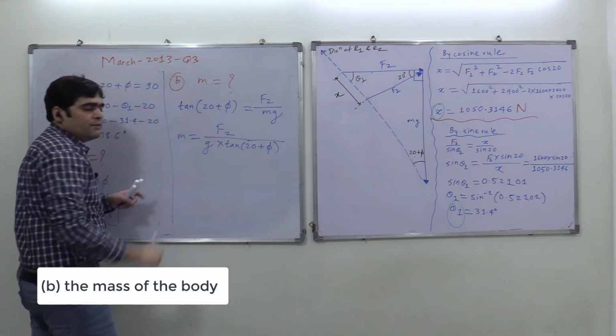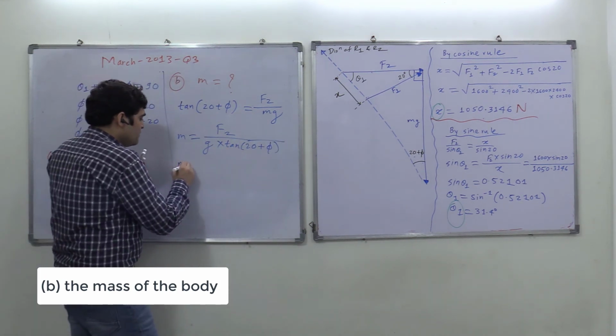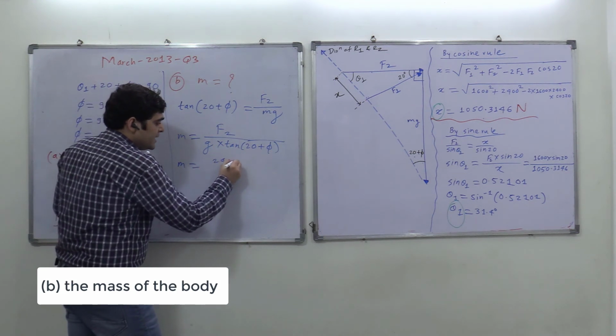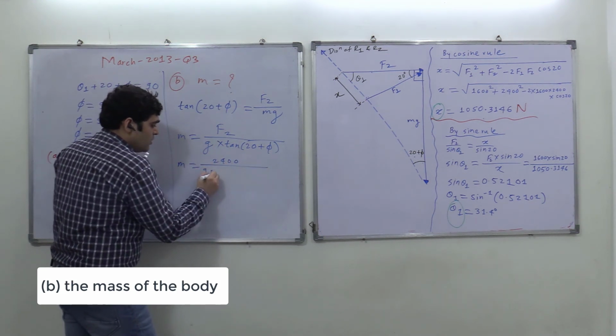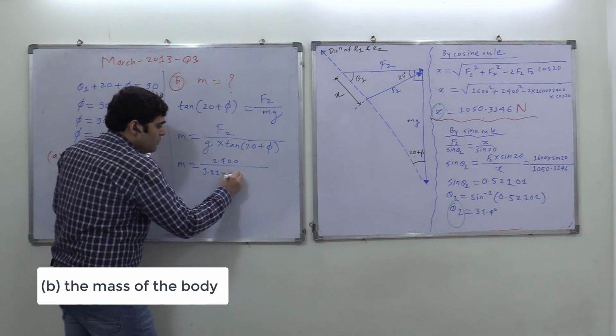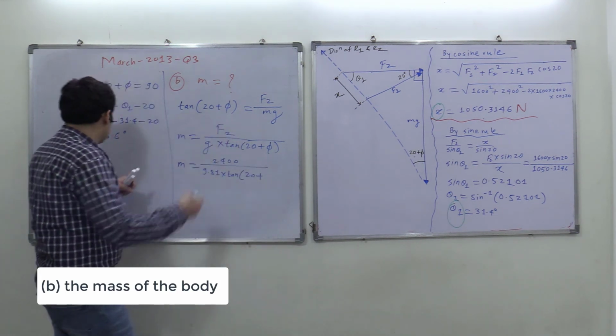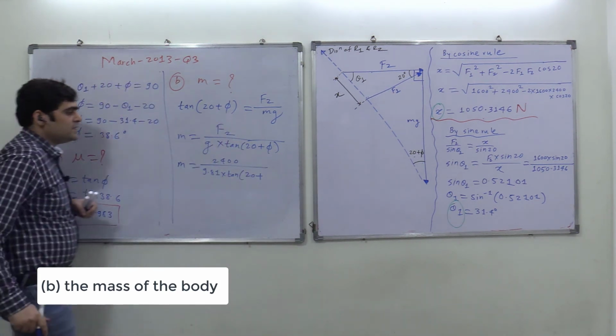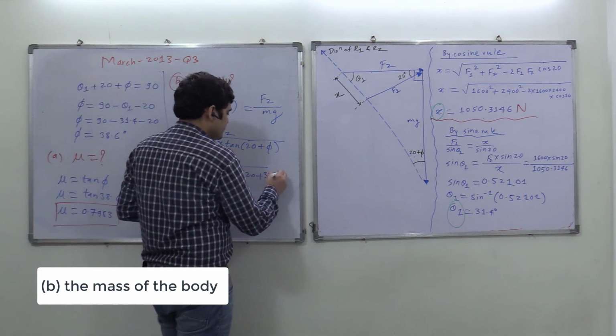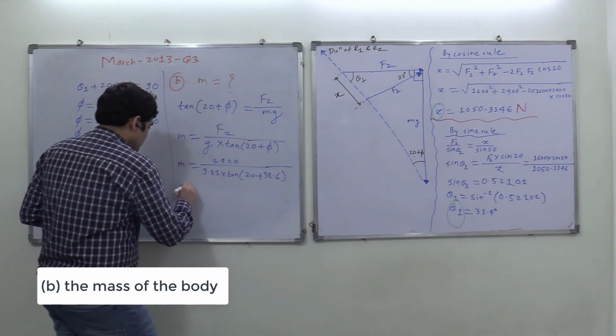Okay guys, in this way we will get m. F is 2400; check the value once again. g is 9.81. Tan of 20 plus 5, that is phi, is 38.6. So what will be m?